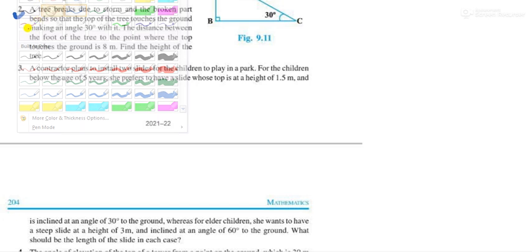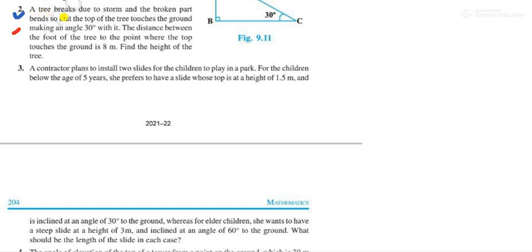So what does this question say? A tree breaks due to a storm, and the broken part bends so that the top of the tree touches the ground, making an angle of 30 degrees with it.